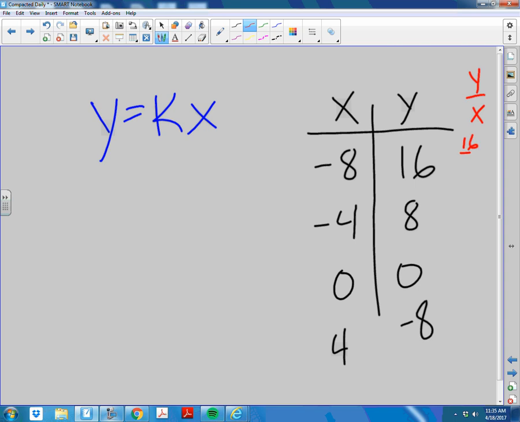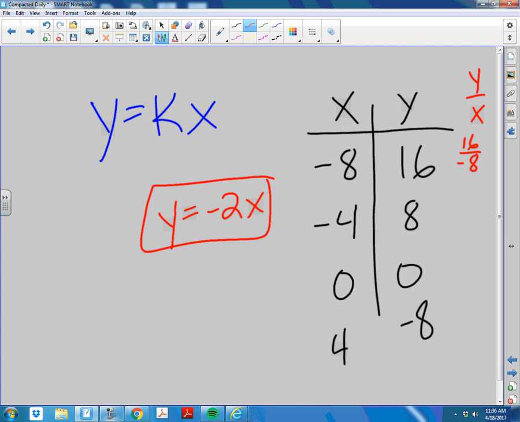In this case, it's 16 divided by -8, and 16 divided by -8 is -2. 8 divided by -4 is -2. -8 divided by 4 is -2. That's the pattern. Which means that to write the equation for this, it would simply be y equals -2x. Simply take the k value, plug it in for k, you're good to go.